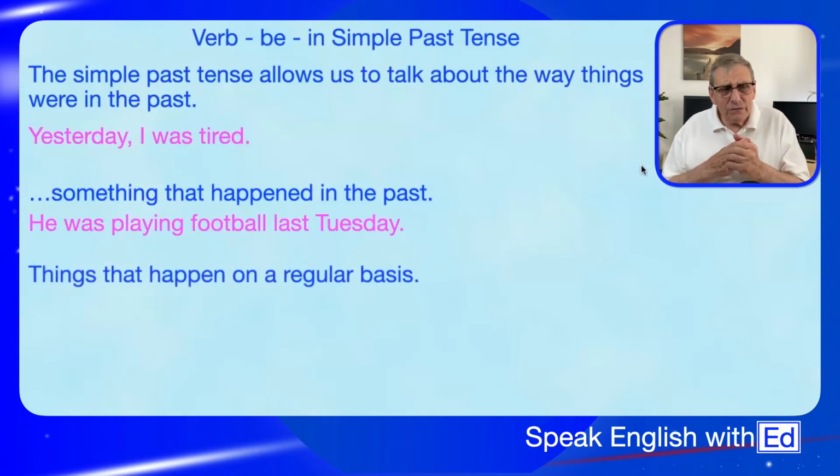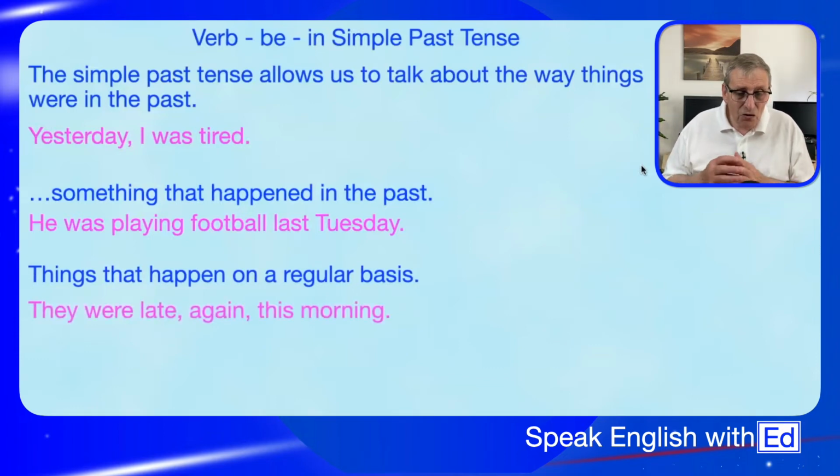It's also used to talk about things that happen on a regular basis. So they were late again this morning. They were. We've changed to a plural subject now, so we use a plural verb to be, which is were.